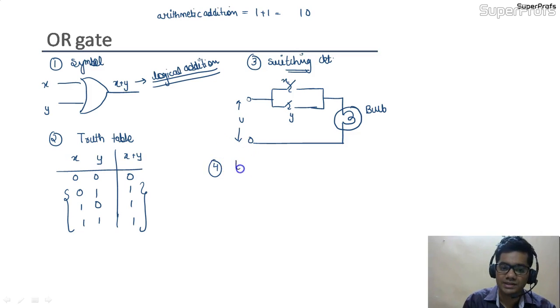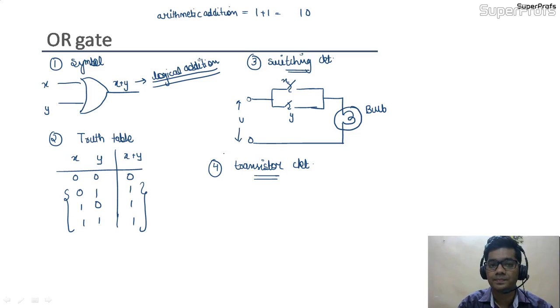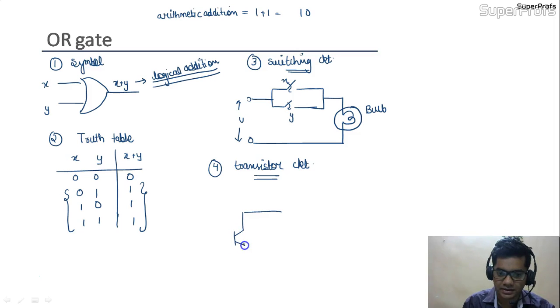Now we are going to discuss its transistor circuit. Similarly, same as the switching circuit, the transistor circuit would be the parallel combination of what? Transistors. So quickly we are representing the circuit. We are here taking two transistors which are in parallel condition.